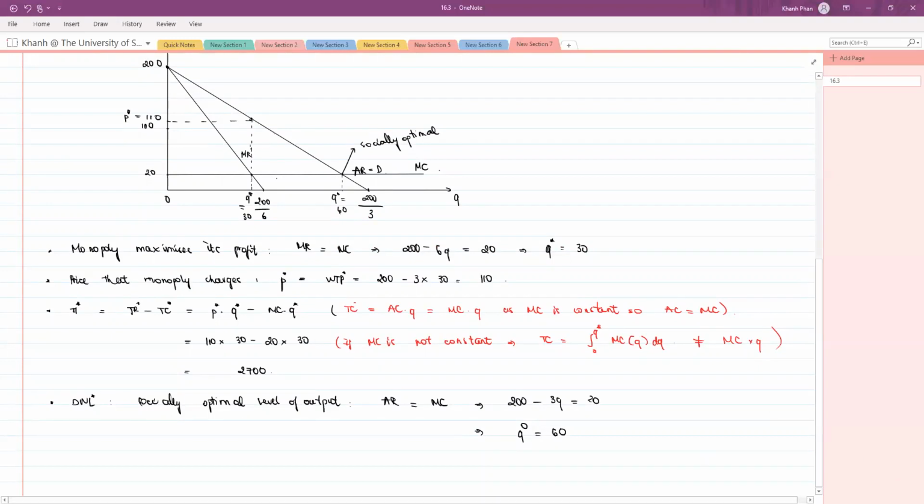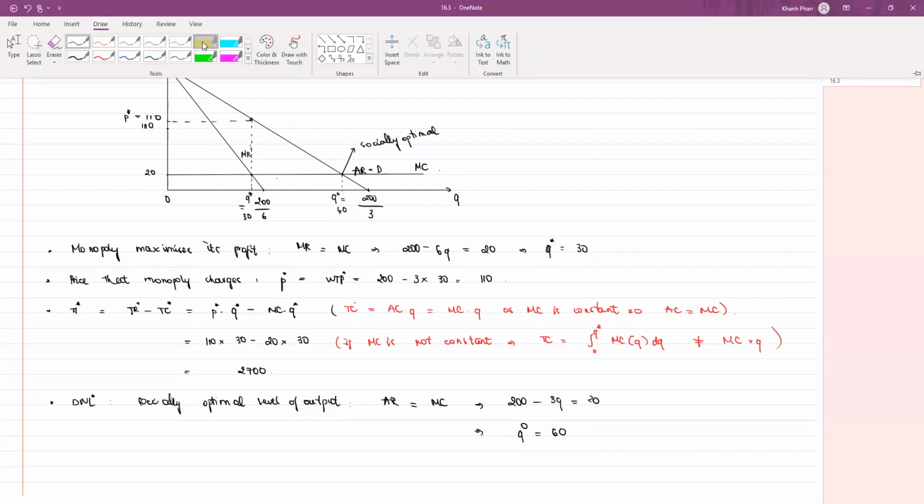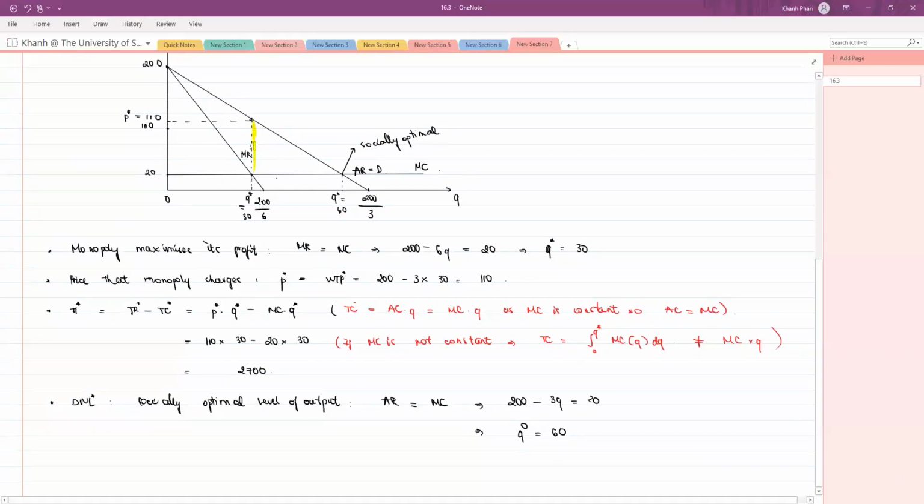In this case, the deadweight loss is the little yellow triangle over here on the right, which is the area below the average revenue curve, above the marginal cost, restricted by the quantity Q star to the quantity Q0. So that's just the area over here. This is my deadweight loss.